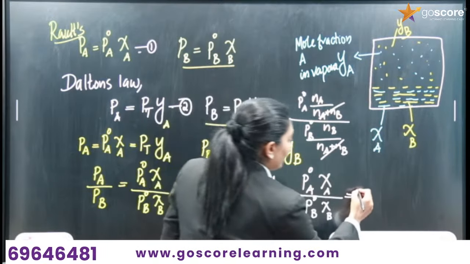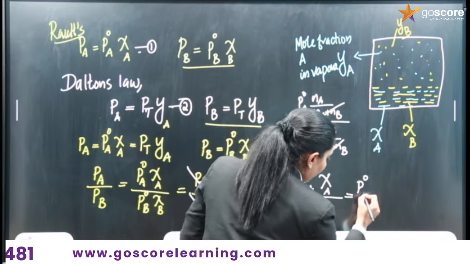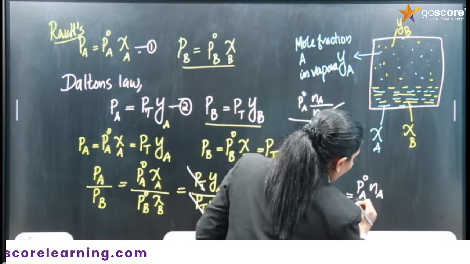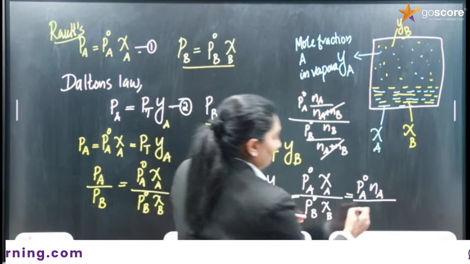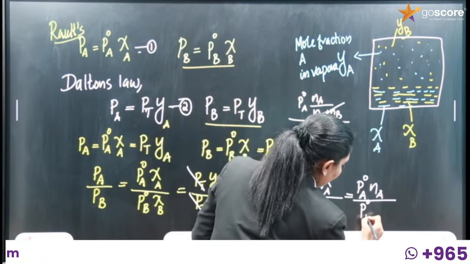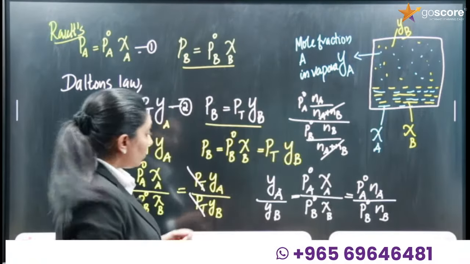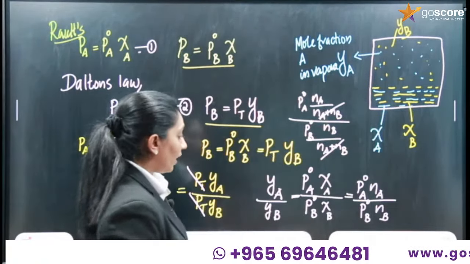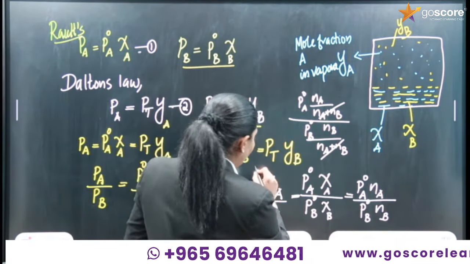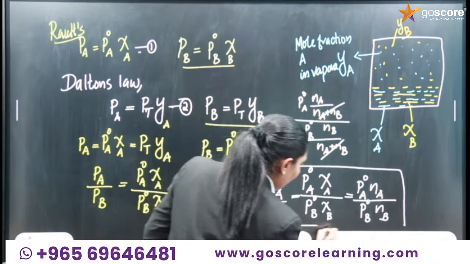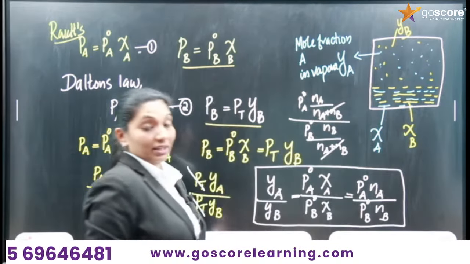So what I will get here is P naught A into Na divided by P naught B into Nb, right? So, YA divided by YB is equal to P naught A Na divided by P naught B Nb.